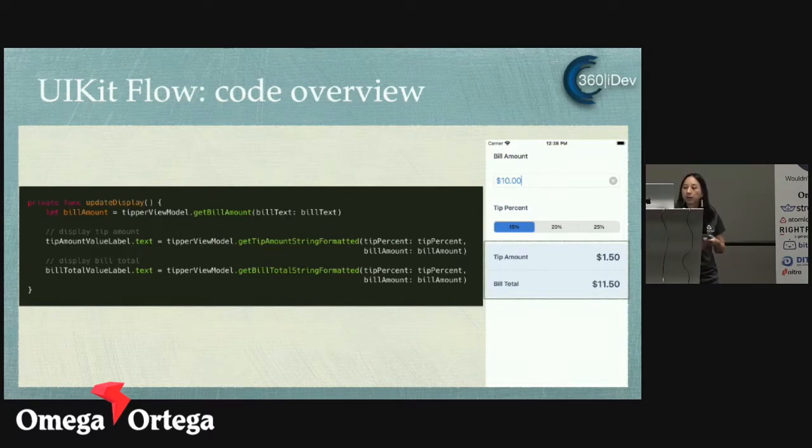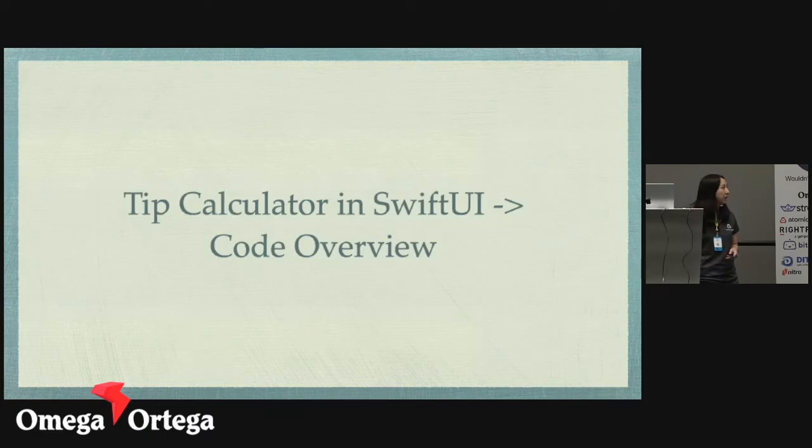So then when the app has been informed that either the bill amount or tip percent has changed, update display gets called, which updates the tip amount and bill total views. So now that we know how the tip calculator works in UIKit, let's go over how it works in SwiftUI.